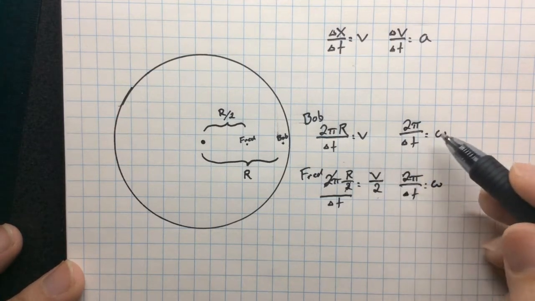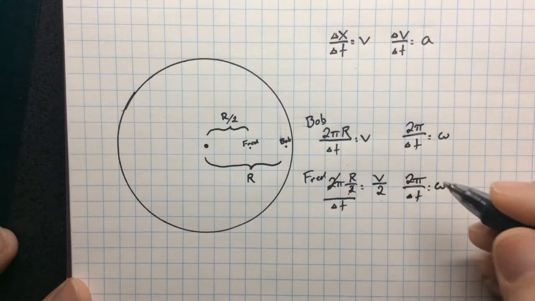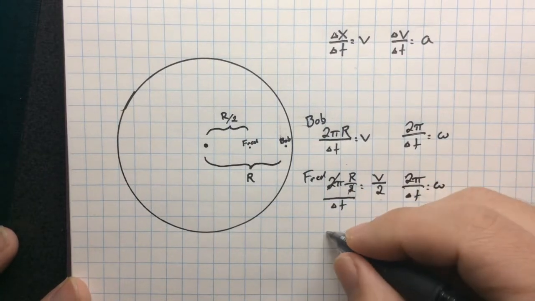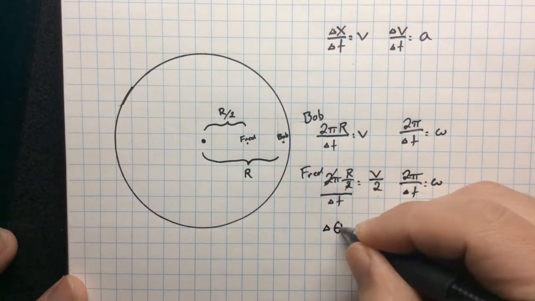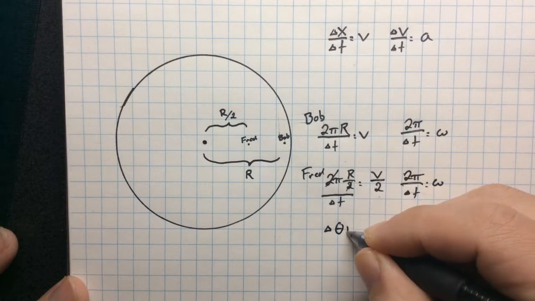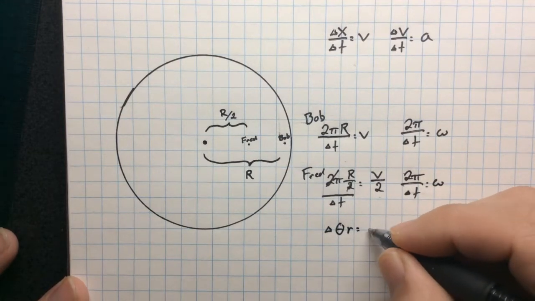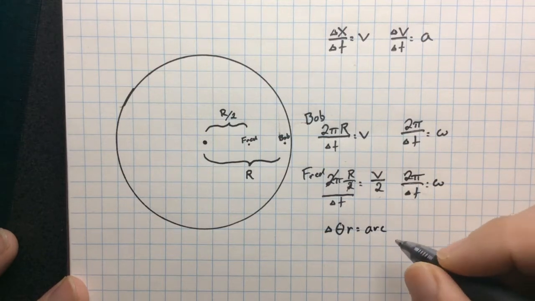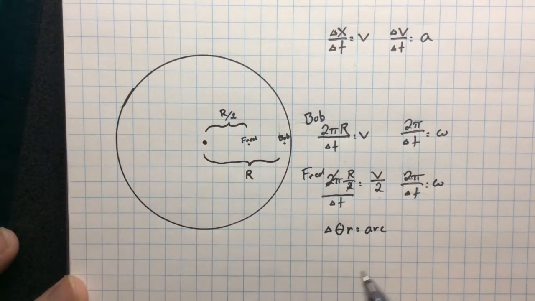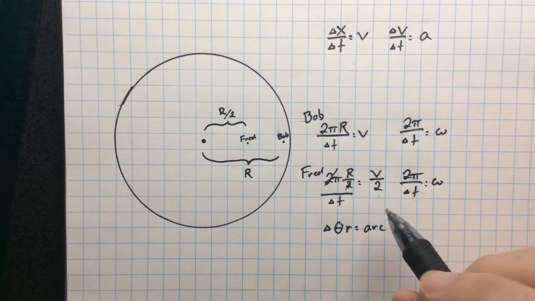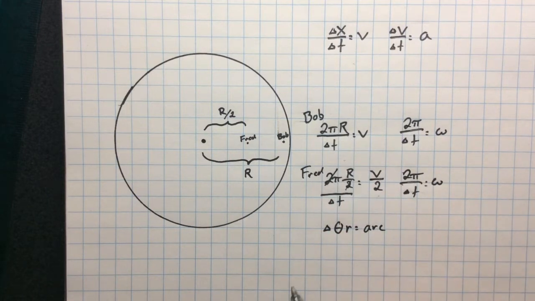There is a relationship between the two, and the relationship is that Fred and Bob both travel the same theta, but they have different r values. So theta times r would give you some actual distance value or an arc length. If they go all the way around, this is just 2 pi r, and that arc length would be divided by time to give you this velocity.